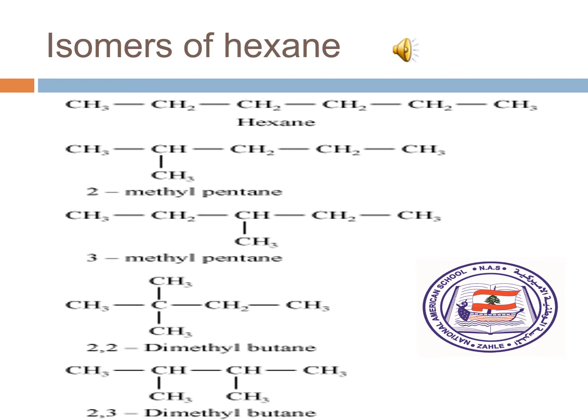So the name of this isomer is 2,2-dimethylbutane. Now, instead of placing these 2 on the same carbon, we can place the 2 carbons, one on the second carbon and the other one on the third carbon. Therefore, the last isomer of hexane has the name of 2,3-dimethylbutane.